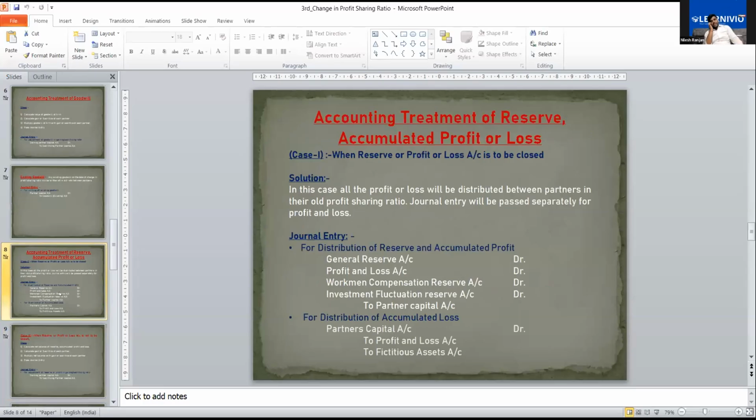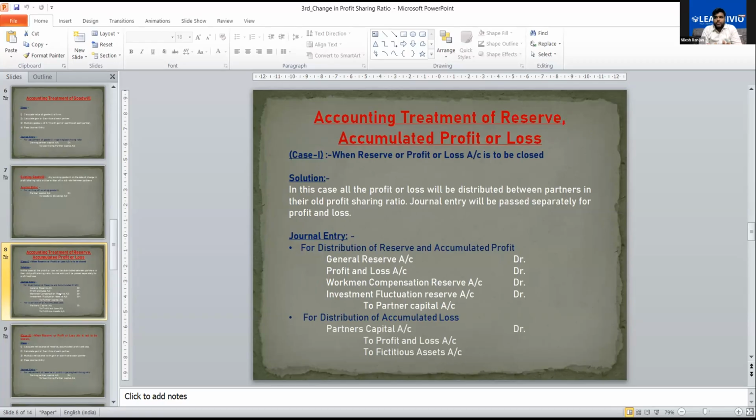Okay, so there are two cases. The first one is when we have to close the profit and loss account or reserve account, means we are removing the balance from the balance sheet. Now, in this case, we have to multiply the reserve, profit or loss with the old profit sharing ratio of partners.